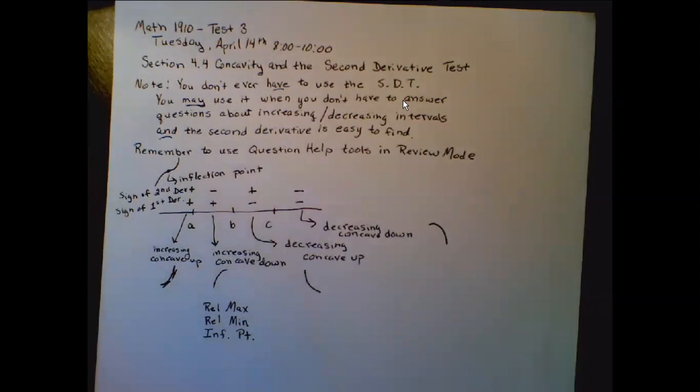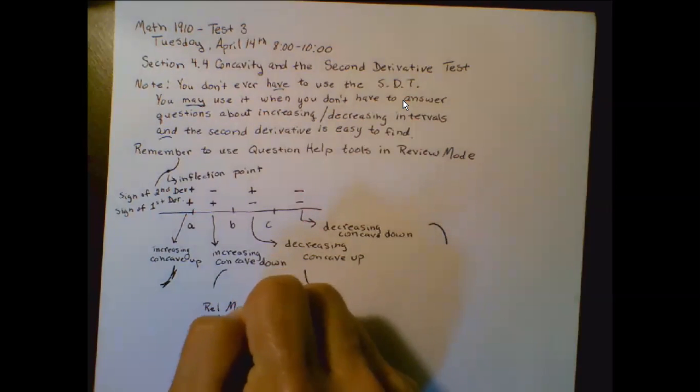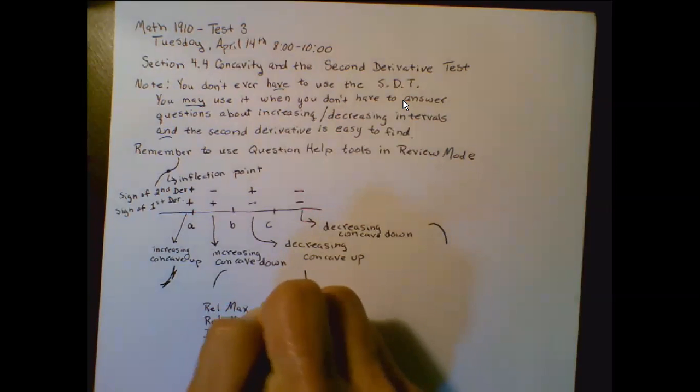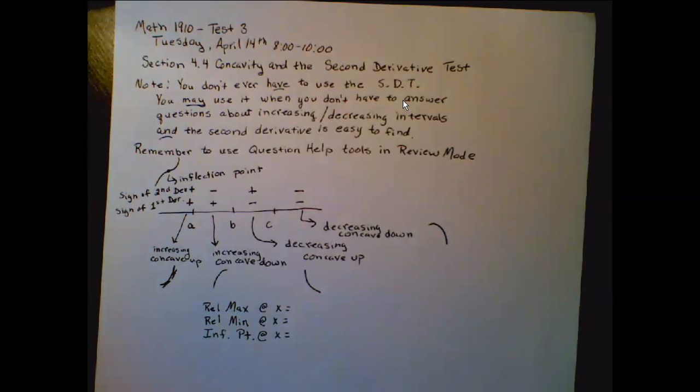How can you tell by that graph where there's a relative max? Would it be at point B? Because why? Because it goes from increasing to decreasing? That's exactly right.